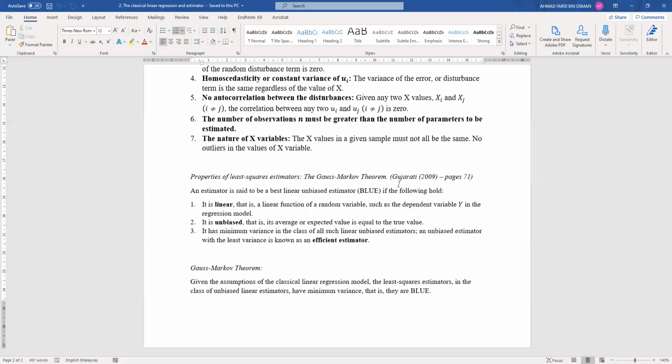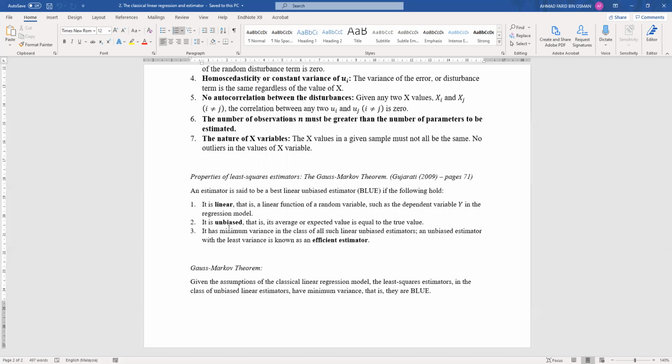Previously I already explained what linear in parameters means, so it requires that the model must be linear in parameters. And then it is unbiased, that is, its average or expected value is equal to the true value. I also explained unbiased before.